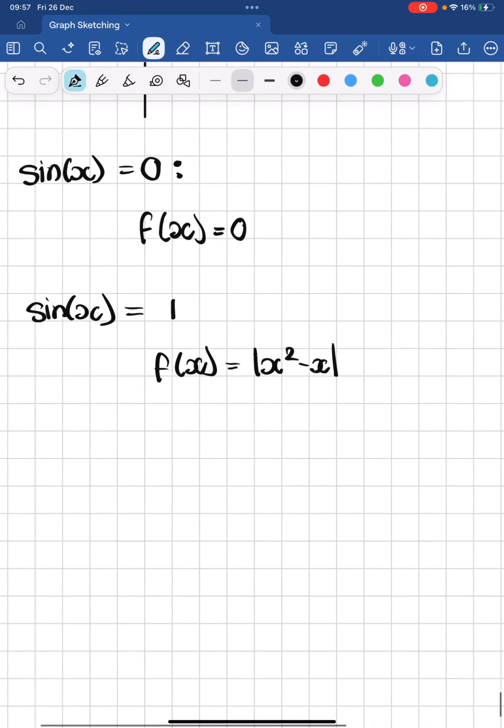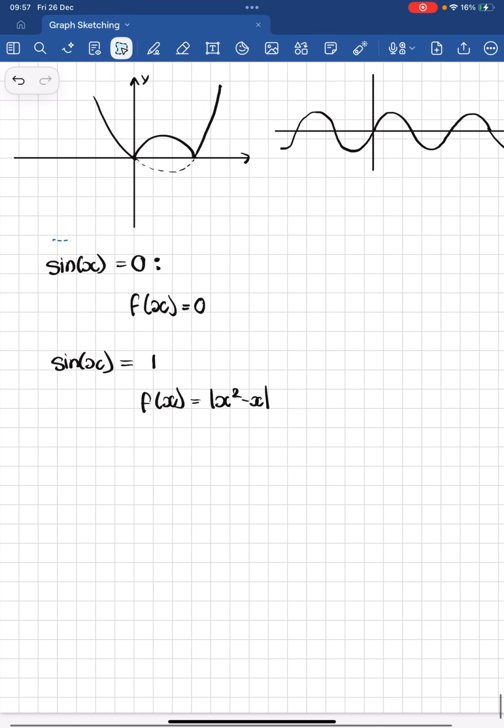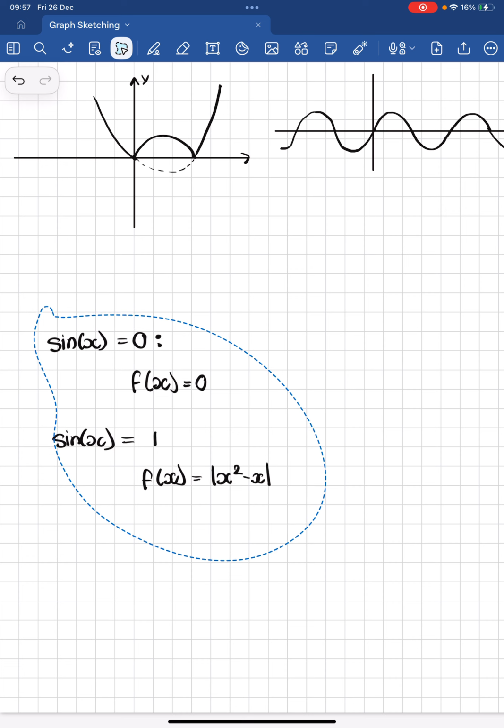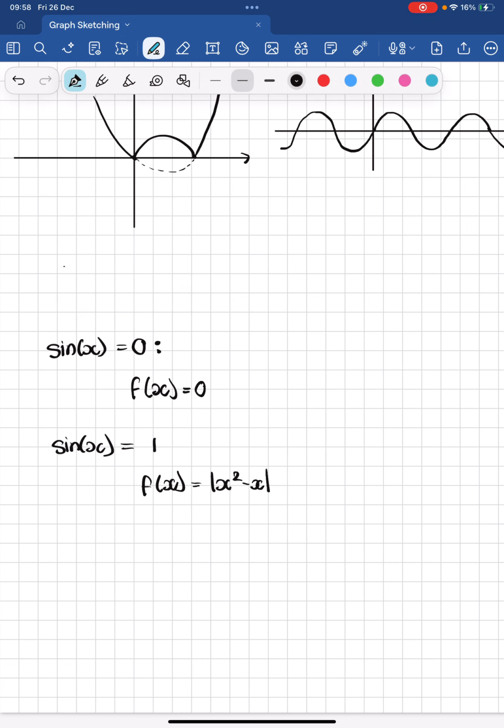And now when we've got sine of x equal to minus 1, let's just drag this down. Sine x equals minus 1, you've got f of x equal to minus mod x squared minus x.